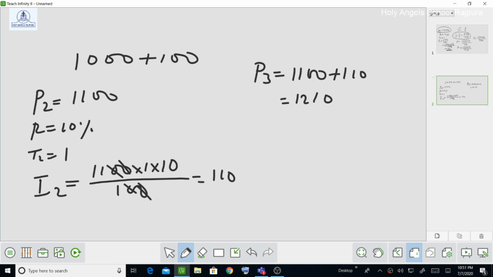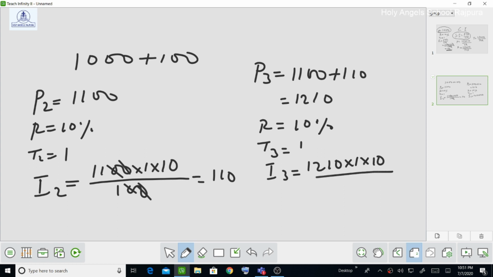Now again the rate is same, 10 percentage, and T3, third year, is 1. So I3 is equal to 1210 into 1 into 10 divided by 100. Zeros cancel, that is equal to 121.